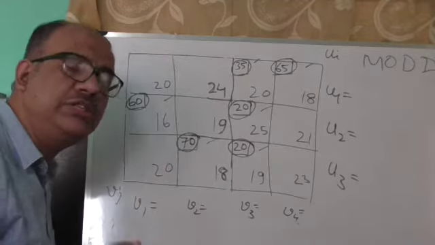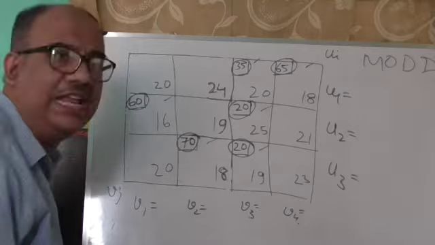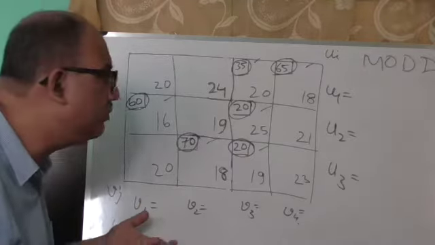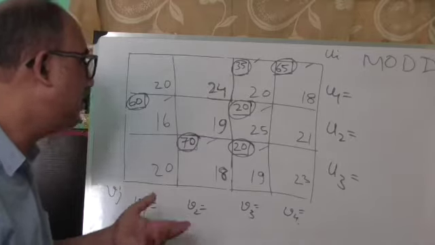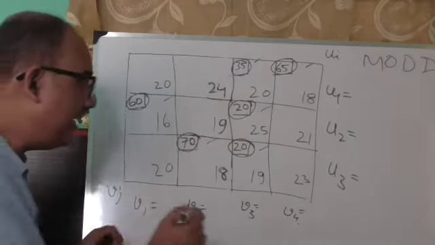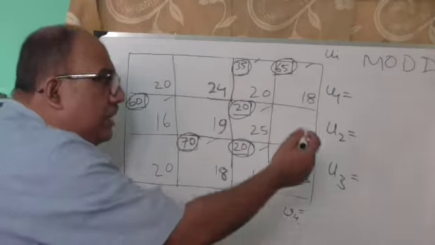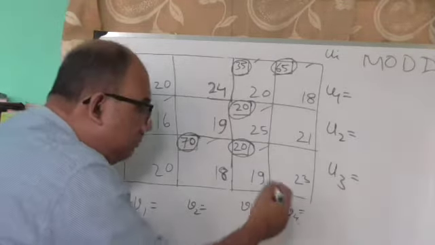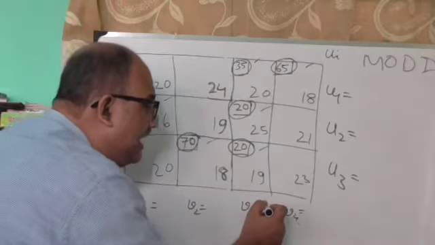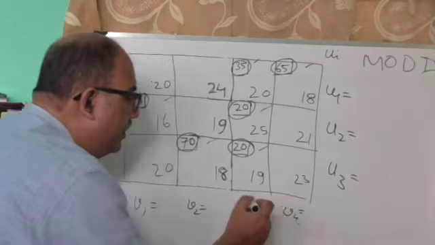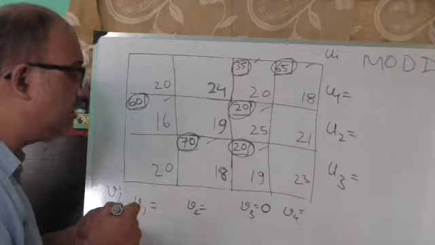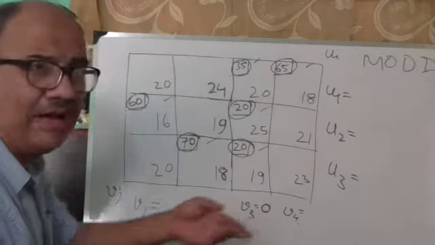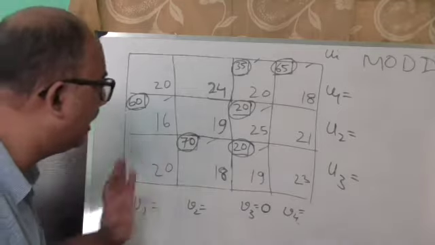In fact, instead of 0 you can choose any possible value, but for simplicity of calculation we can use 0. Initially I'll take, say, V3 equals 0. As I've said, you can take any value as 0 and calculate the other values.